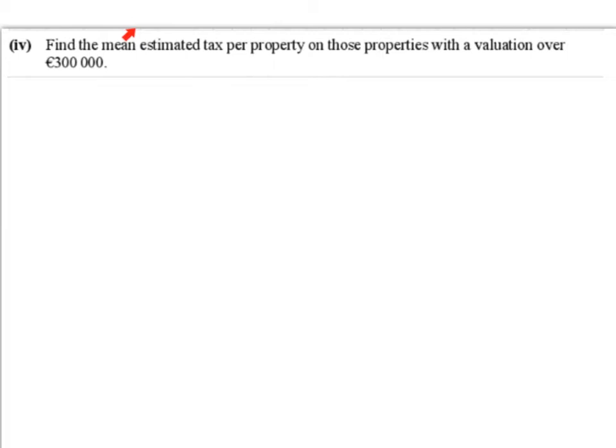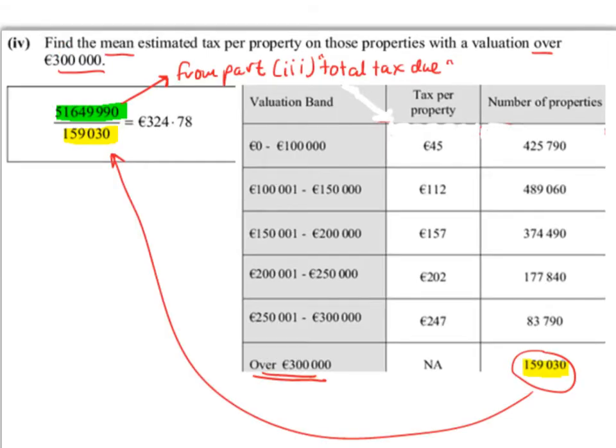Part 4. Find the mean estimated tax per property on those properties with a valuation over €300,000. So remember, we worked out the number of properties in the over €300,000 band to be 159,030. So if we take our answer from part 3, which was the total tax due, 51,649,990, and divide it by the number of properties, 159,030, we get €324.78.